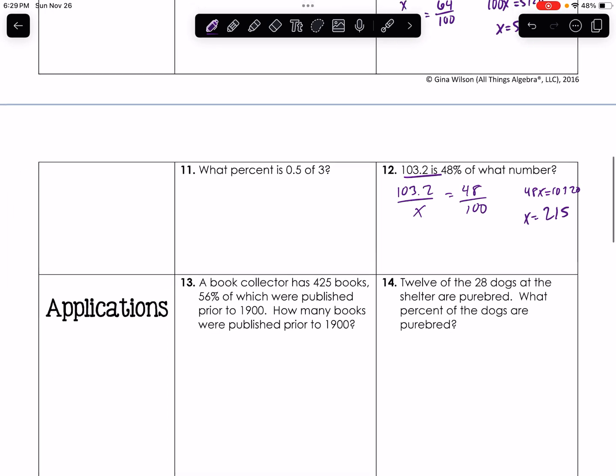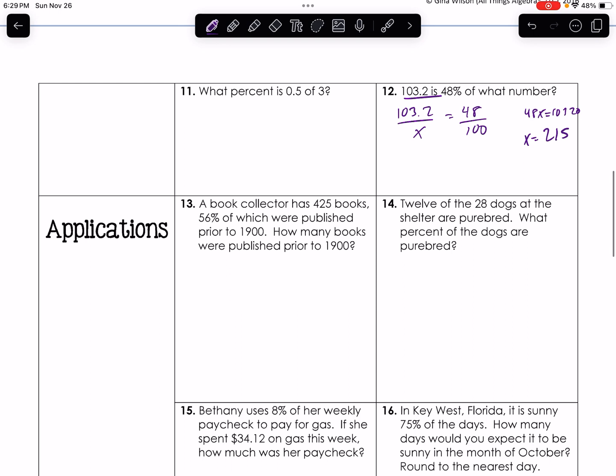Okay, let's look at number 13. A book collector has 425 books, 56% of which were published prior to 1900. How many books were published prior to 1900? Okay, so this is a percent. We have 56 over 100. We have a total. We're looking for part.